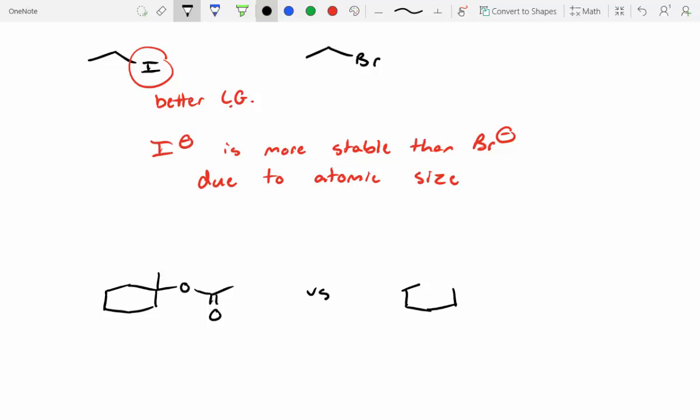This one's a little bit more complicated. First of all, let's try to circle the leaving groups in both, and then determine which one would be the better leaving group.